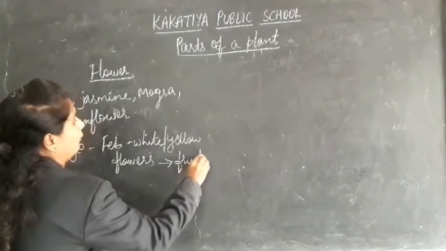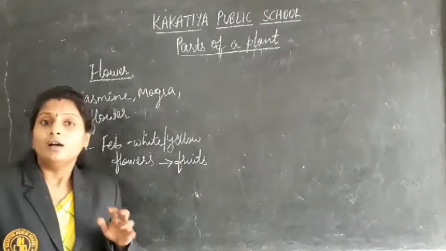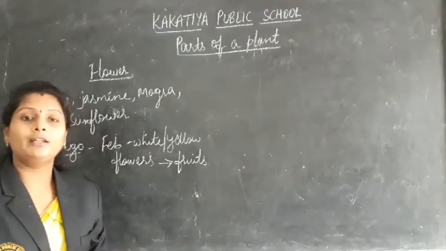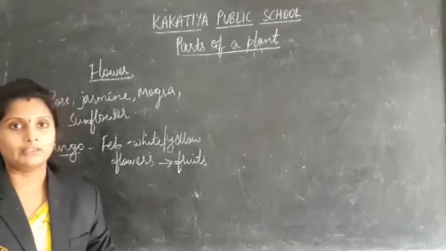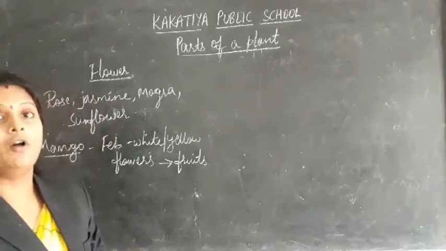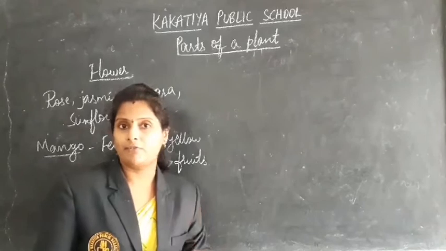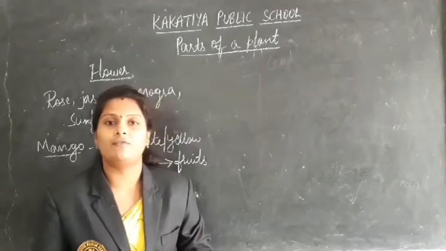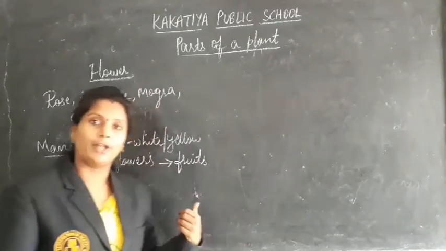Not only mango, but a number of plants give fruits from flowers only. If you take a pomegranate plant, first we see the flower, and after a few days it turns into a fruit.